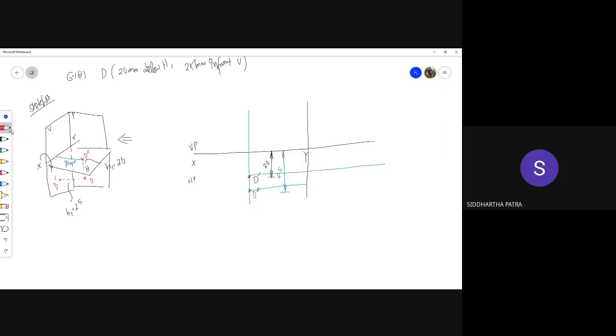Now, once you have something from the top view, what do you do? You revolve it on the horizontal axis, and then you draw a vertical line.